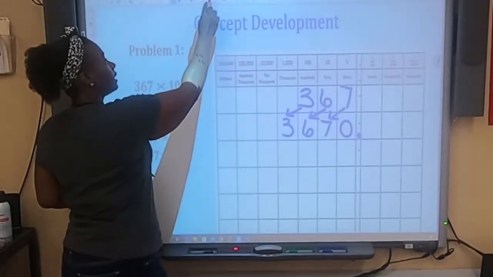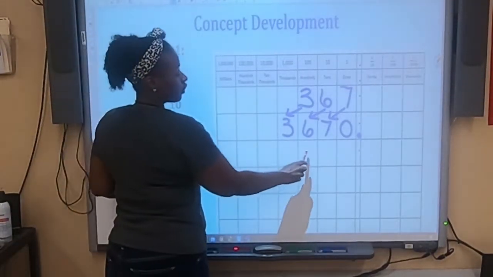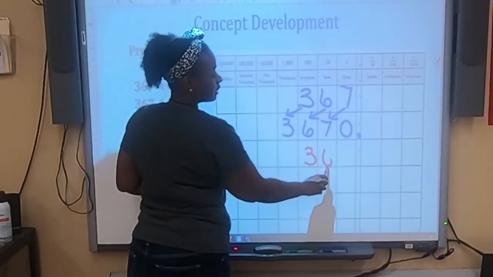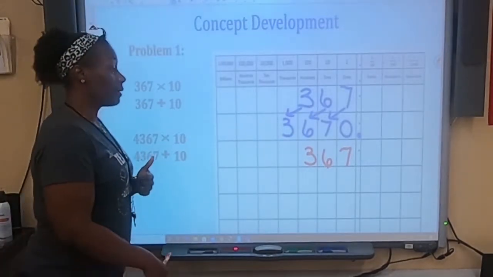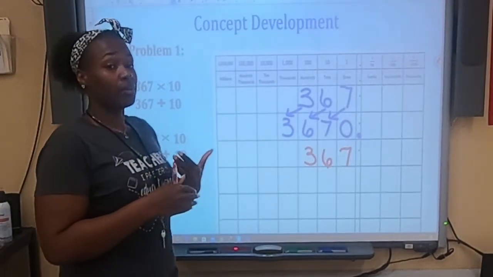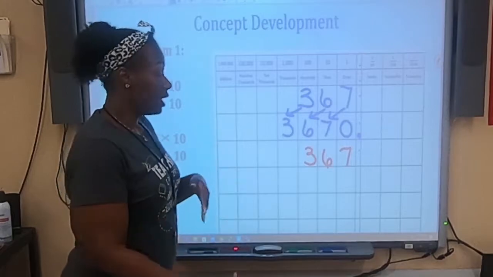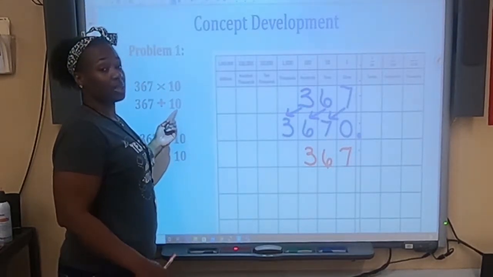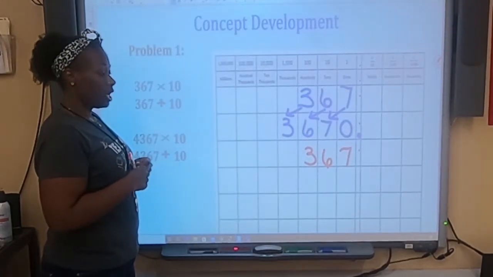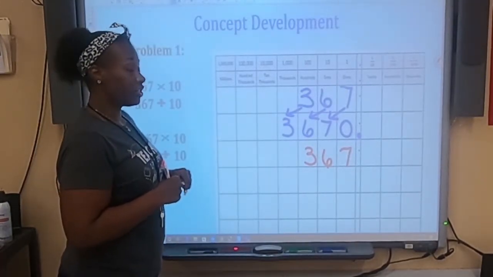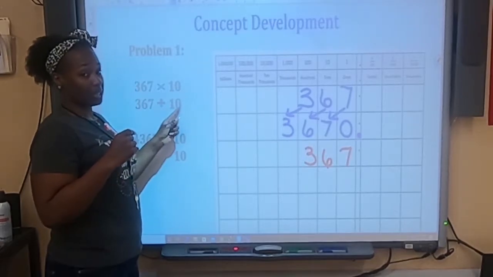Okay. Now let's take that same number, 367, and we're going to divide it by 10. Well, remember in lesson 1, when we divided, we shifted to the right. And when we use 10, we only shift 1 time because 10 has 1 zero. So every digit needs to shift to the right 1 time.